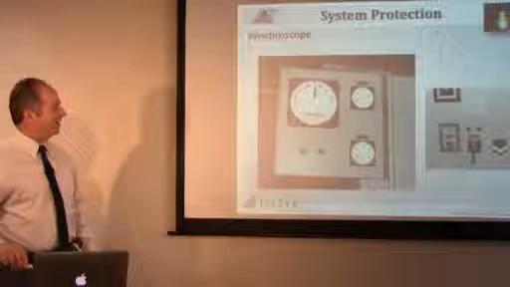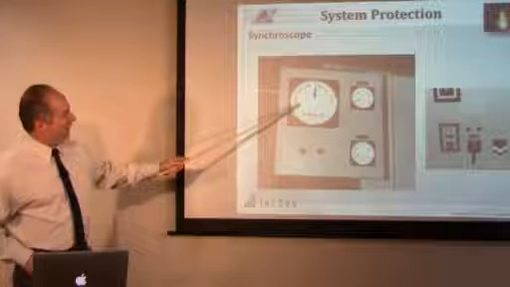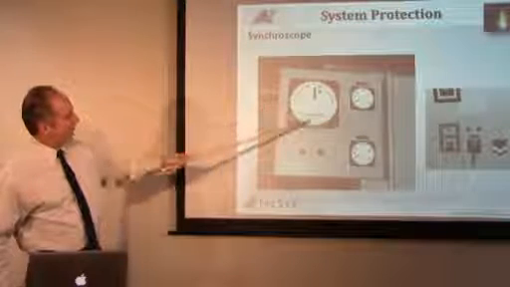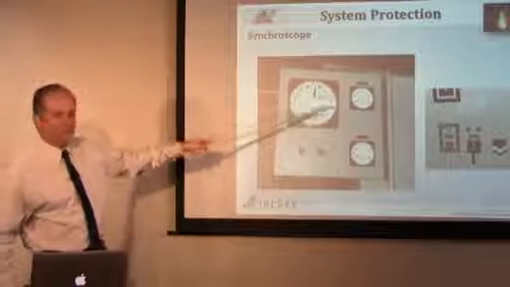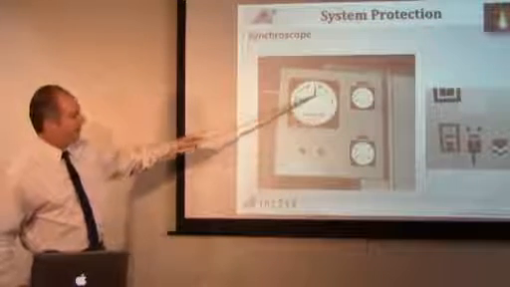Now here is a synchronizing scheme. This is a synchroscope. And what happens here is you can actually close the breaker and let the synchronizing relay do all the work, to match the voltage, match the frequency, match the phase angle, and close. What we're trying to do is get it close. This needle is going around between the system and the generator.